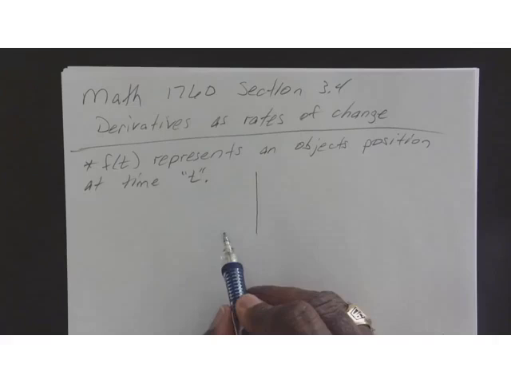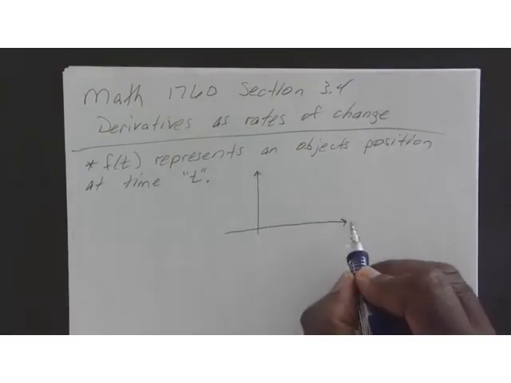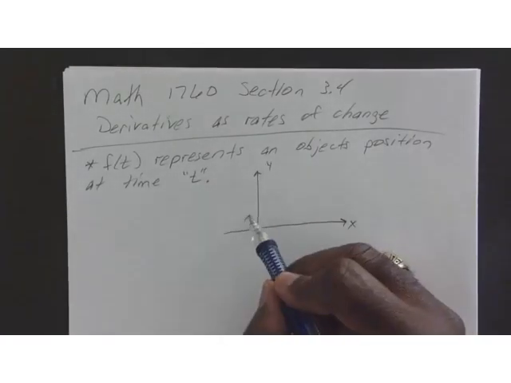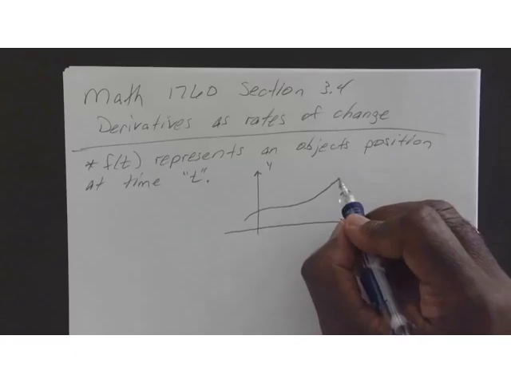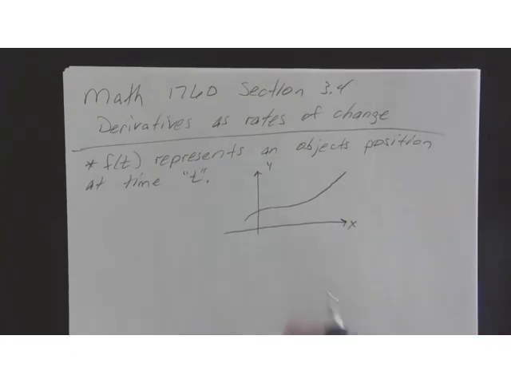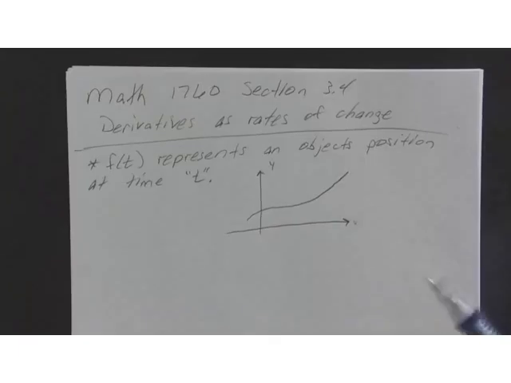Okay, so let's say, just to kind of visualize it, we have some random function. And instead of x, let's use t just to get used to the idea.